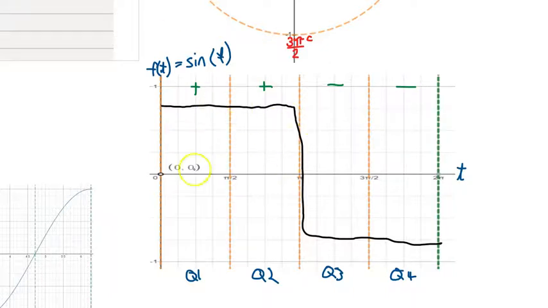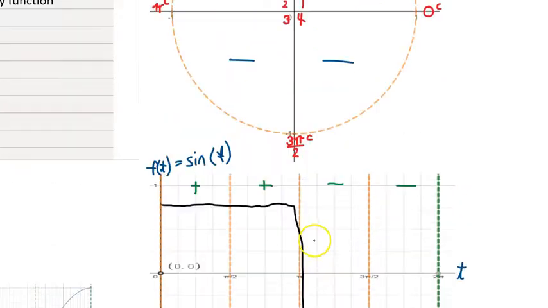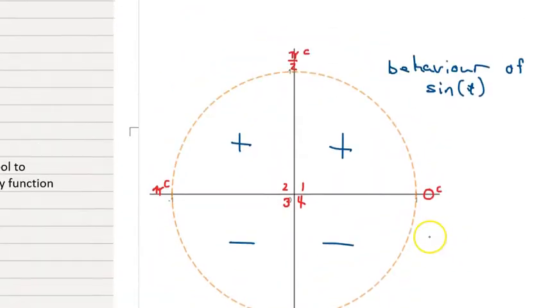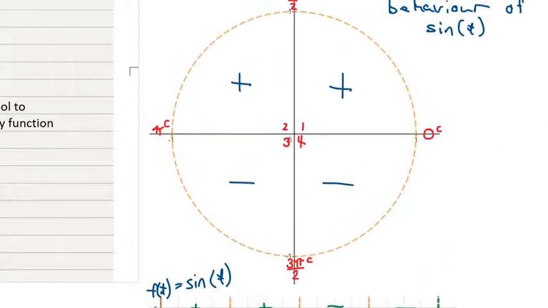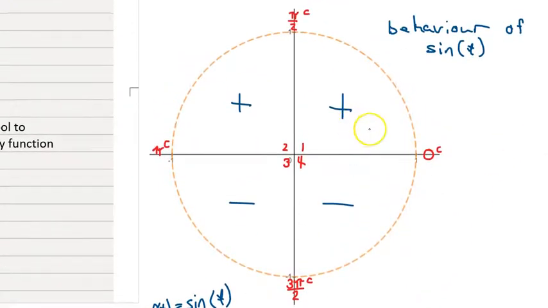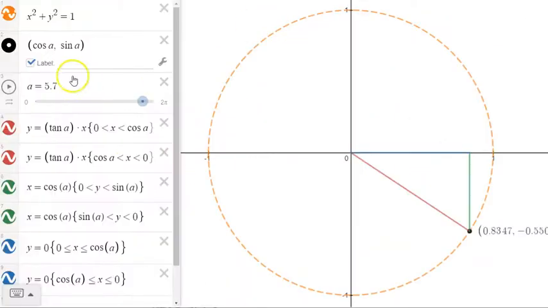Now, this probably isn't satisfactory to say that this would be this function here. So let's go up again and let's ask ourselves, in quadrant 1, quadrant 2, quadrant 3, and quadrant 4, is sine increasing or is it decreasing? So jumping back over to our unit circle, let's have a look.